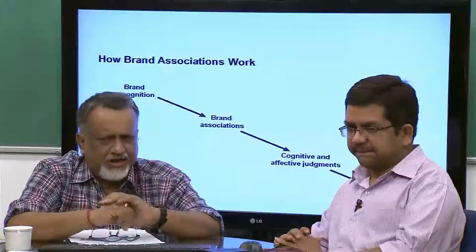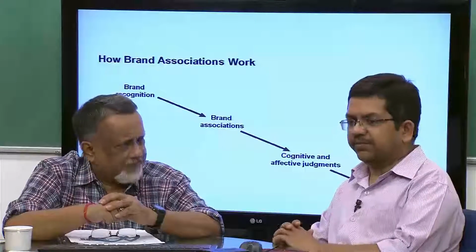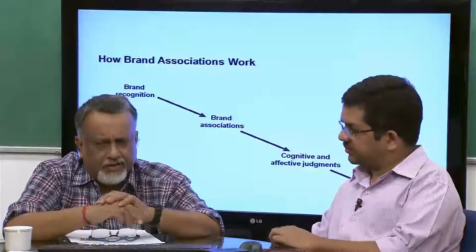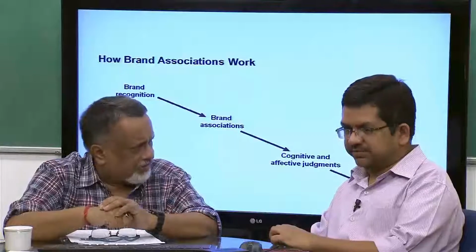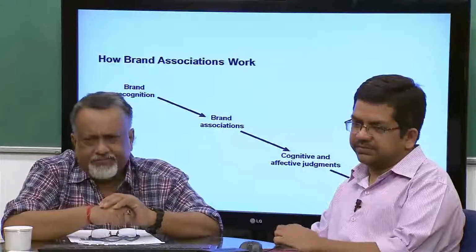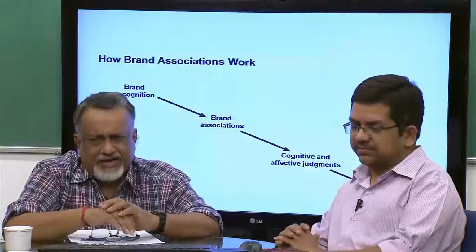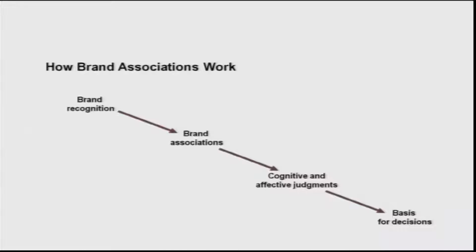So, this is usually how the brand association works, which you have also referred to many times in your last week's discussion, that brand recognition to brand association to cognitive and affective judgments, where this is where the point is coming, that it is not only the affective or emotion part.